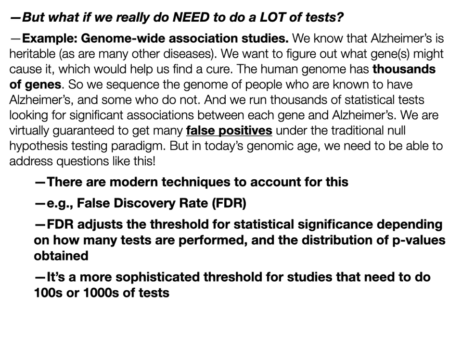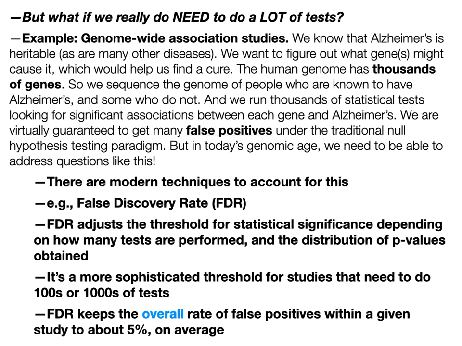It's appropriate to use a false discovery rate adjustment. So it keeps the overall rate of false positives within a given study to about 5% on average. So it doesn't mean that you get no false positives, but it just gives you a more realistic idea of which of your results are likely to be false positives and which are more likely to be true positives.